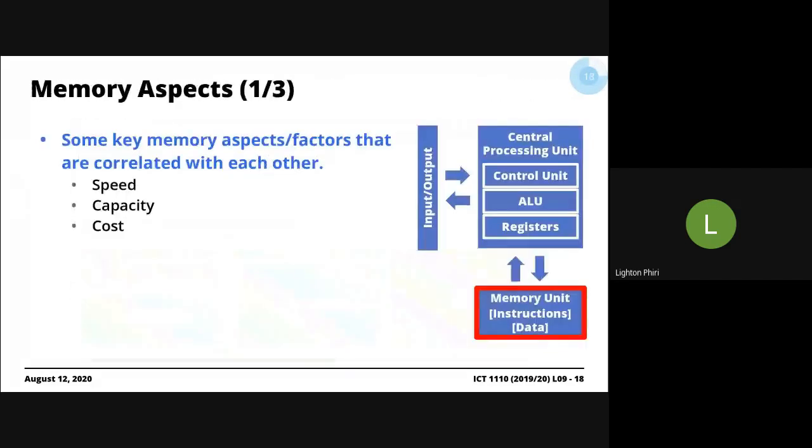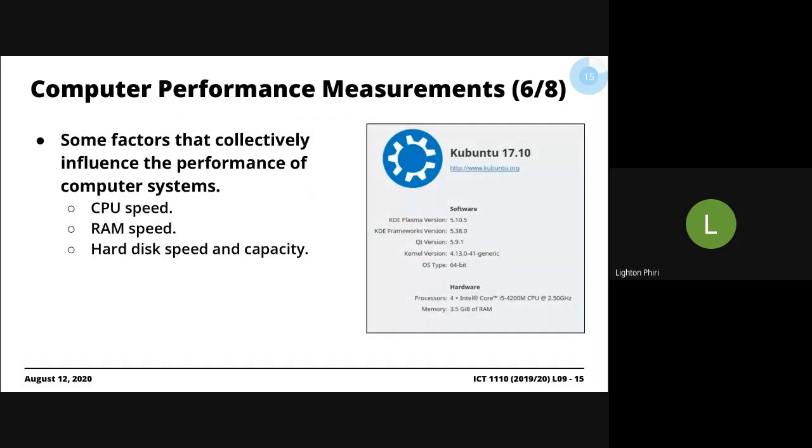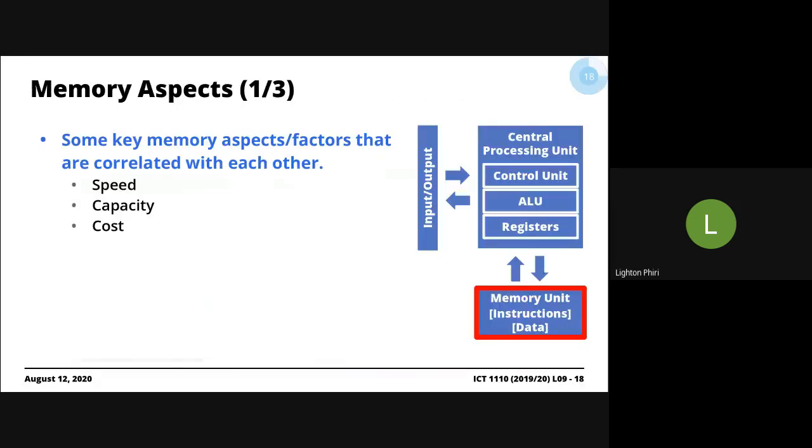But to better understand these different memory components, irrespective of whether you're looking at secondary storage, like your hard disk, your magnetic storage, your SSD, solid state drives, or whether you're making reference to virtual memory or CPU cache, or perhaps registers, they're best perceived by taking into account these three aspects.